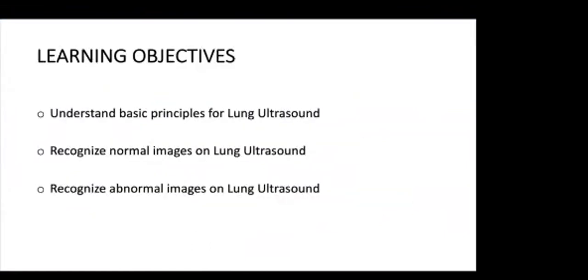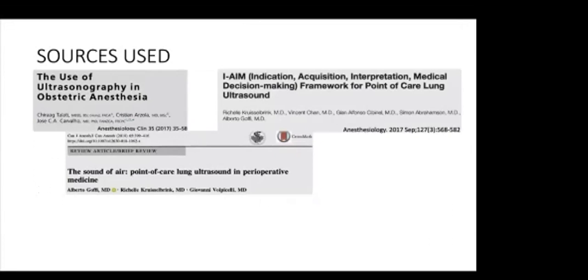The learning objectives of this session are understanding basic principles and recognizing normal and abnormal images on lung ultrasound. These are the sources used for this presentation. It includes a review from the OB Anesthesia group at Mount Sinai Hospital in Toronto, and 2 articles from St. Michael's Hospitals, also in Toronto.